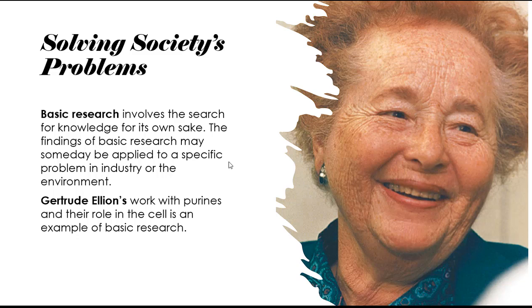A great example of this is Gertrude Elion's work with purines and their role in the cell. Purine is one of our building blocks for DNA, or nucleic acids. Without the understanding of purines, we did not understand DNA well, and DNA replication. So again, this was foundational knowledge that was important as we continue to grow and create applied science.